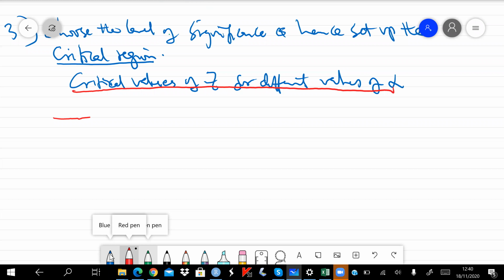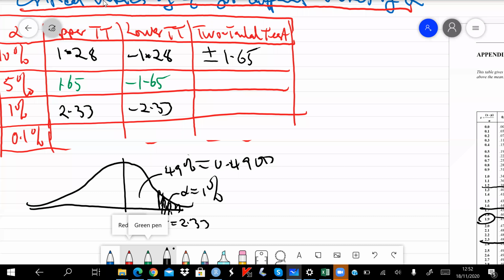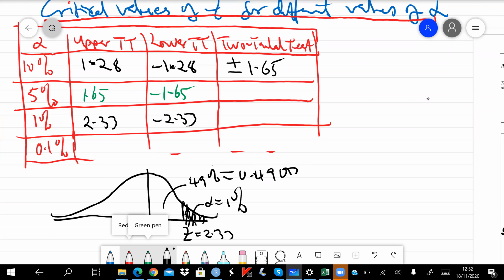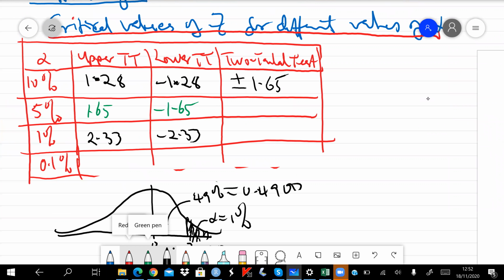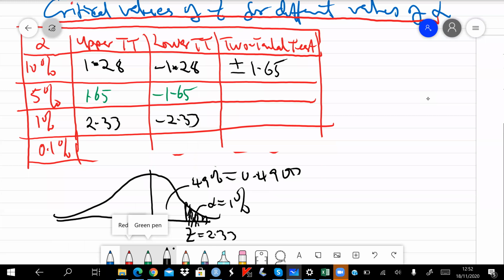So we'll create a table here. Okay, so using tables, we obtain those critical values. Already we said this is plus minus 1.96. Then finally, a two-tail test at alpha is 1%.